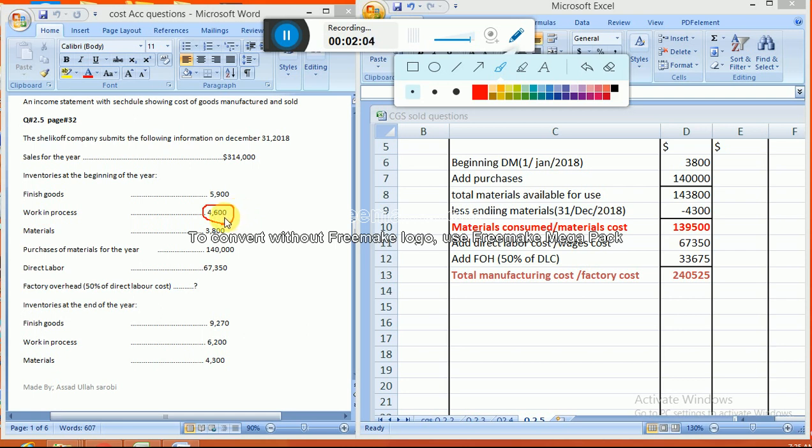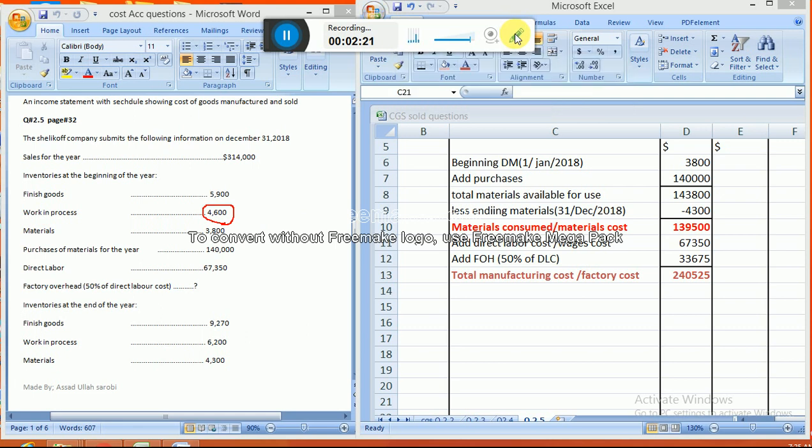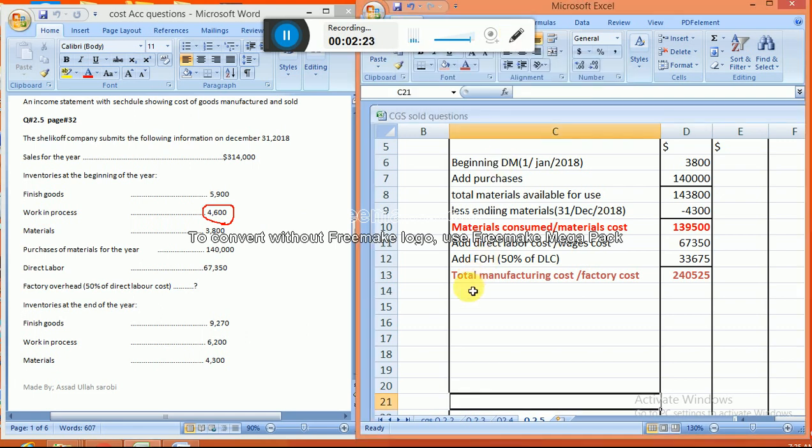So we will transfer this amount to January 1st 2018; the ending inventory of 2017 will become the beginning of 2018.